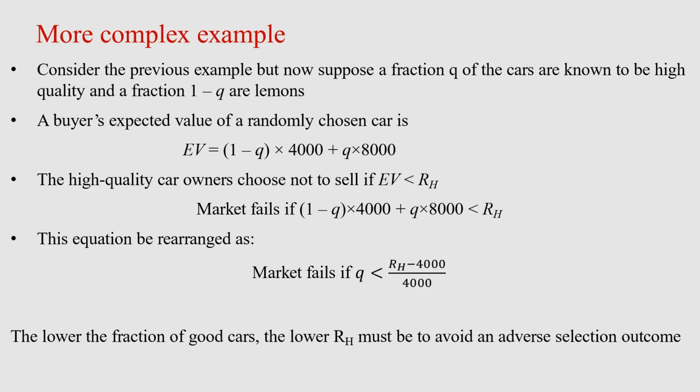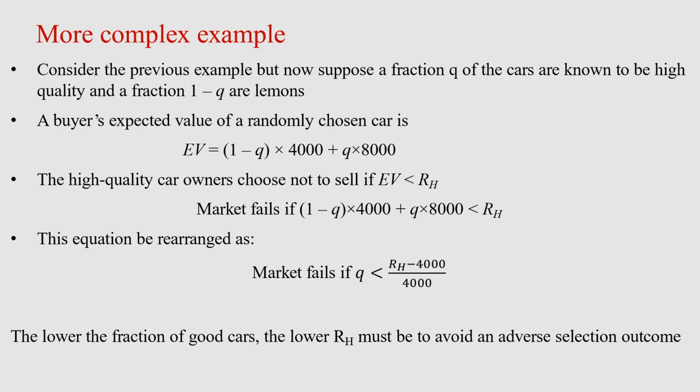Now these examples can get more and more complex, of course, because in the previous example we assumed the buyers had knowledge of the reservation price of the sellers of high quality cars. So let's consider the previous example, but now suppose a fraction Q of the cars are known to be high quality and a fraction 1 minus Q are lemons.